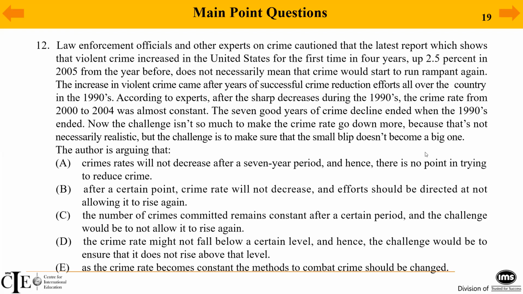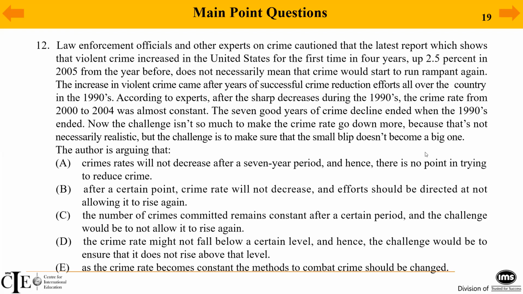Now the challenge is not so much to make the crime rate go down more, because that's not necessarily realistic. That means further reductions in the crime are not possible because it's not realistic. But the challenge is to make sure that the small blip does not become a big one. So whatever minor increase happened now, we should see that it does not become a big one.